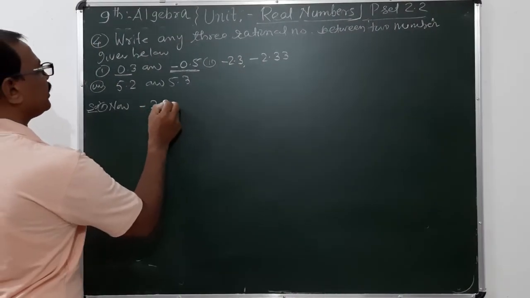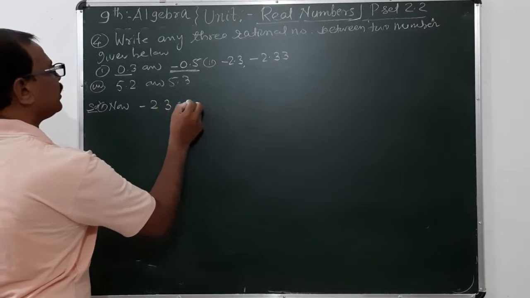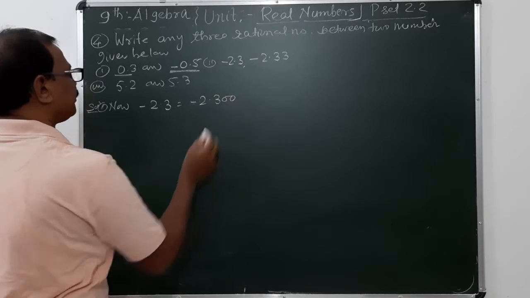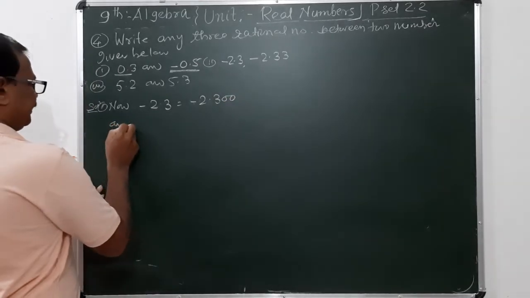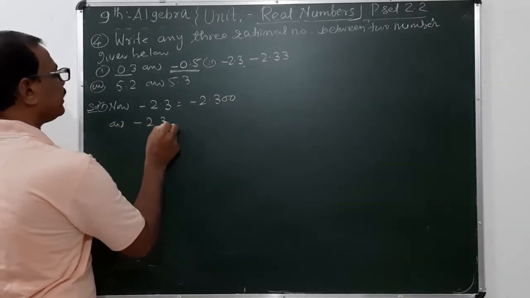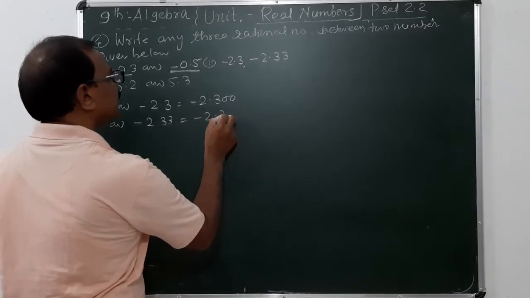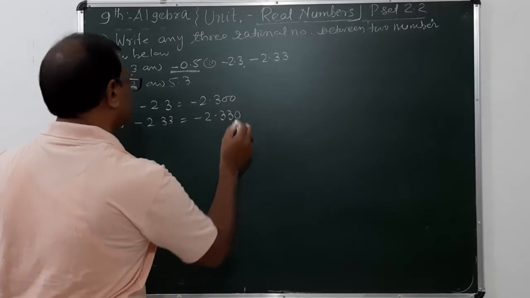Minus 2.3 can be written as minus 2.300 and minus 2.33 can be written as minus 2.330.